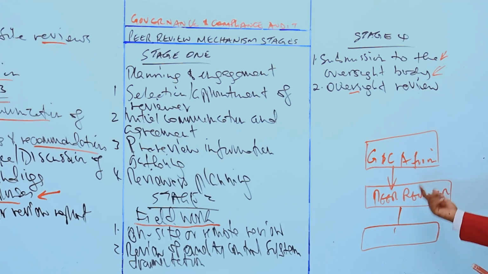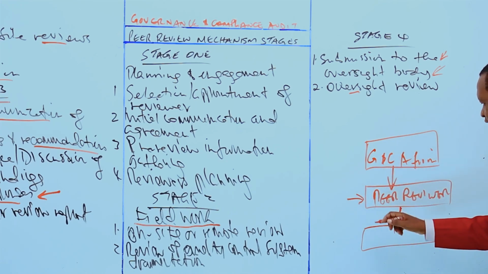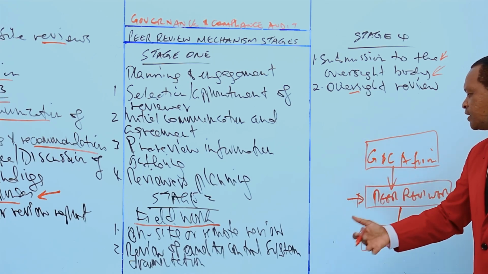So the peer review report is subjected to review again. The purpose is to check if the review was conducted in accordance with the peer review standards. When conducting reviews, the peer reviewer is required to follow the peer review standards.